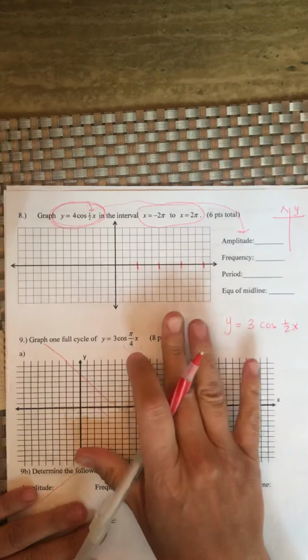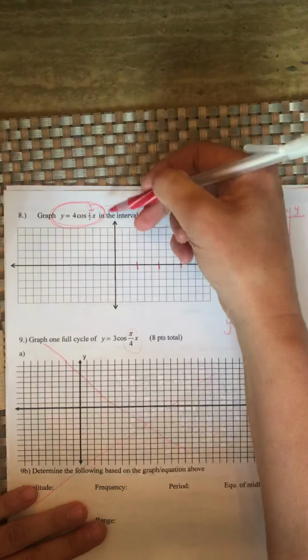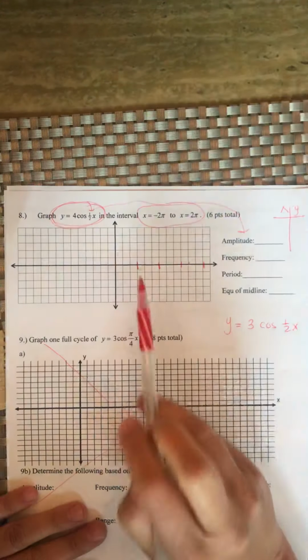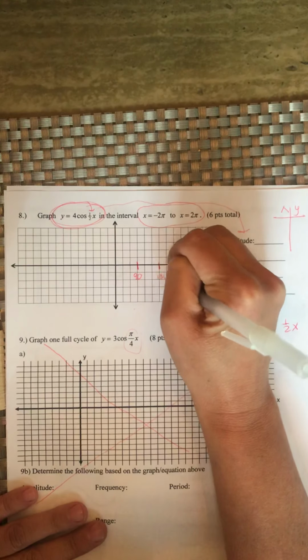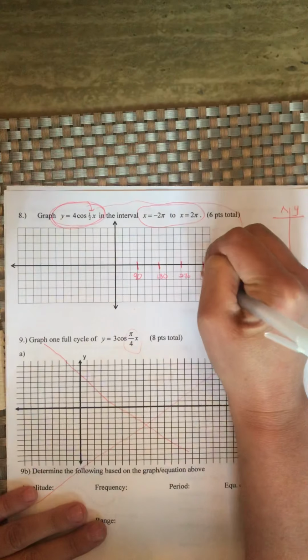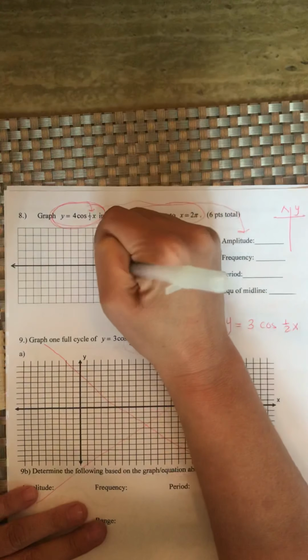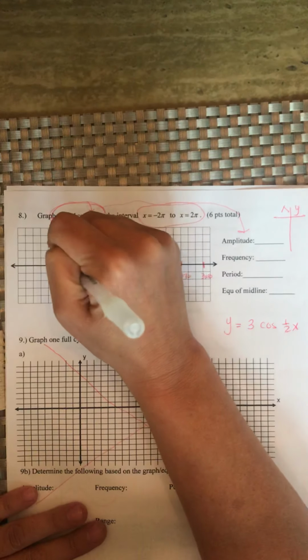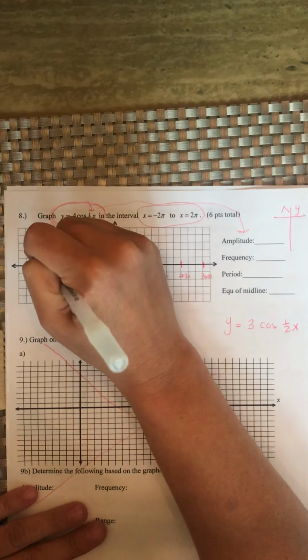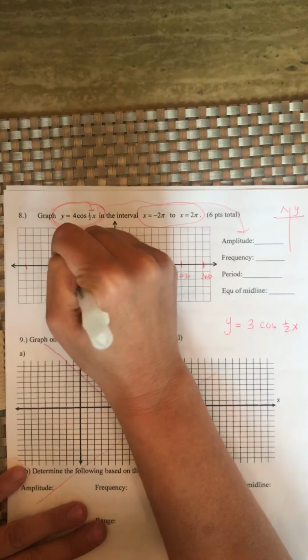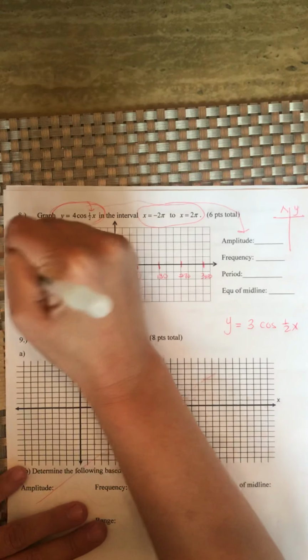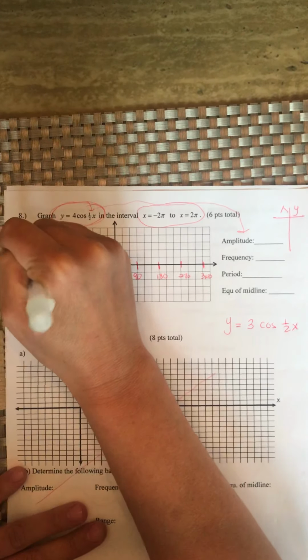If you are doing this on a sheet of paper, I need you to draw the X and the Y. I need to see that you label this 90, 180, 270, 360, 1, 2, 3. This is negative 90, negative 180, negative 270, negative 360.